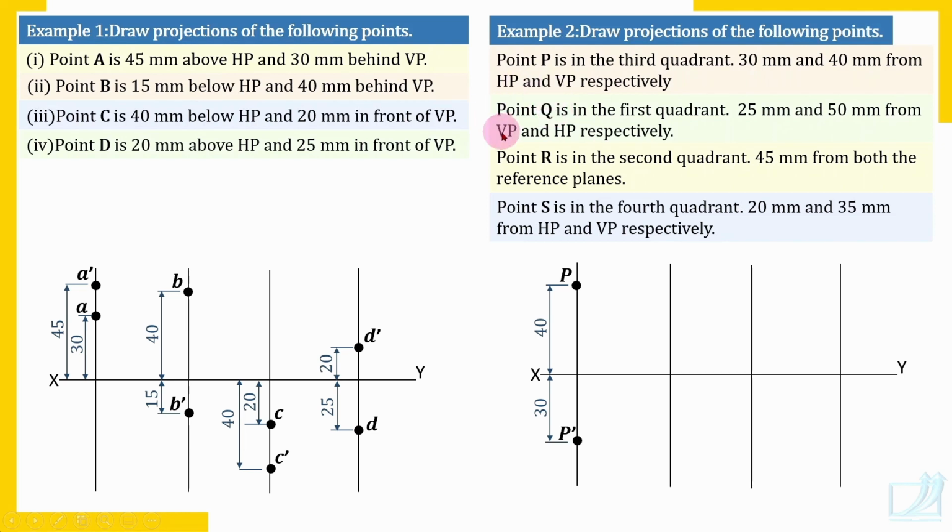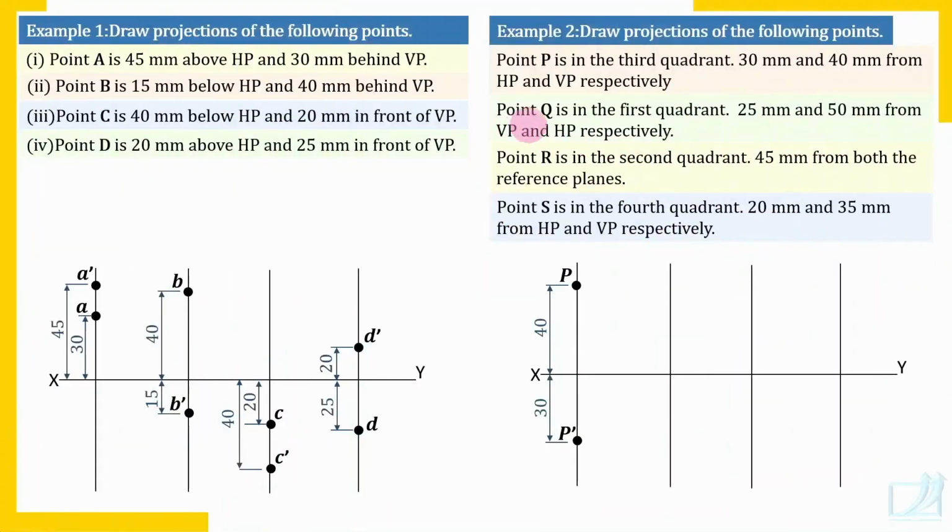Okay, watch here. Point Q is in first quadrant. So this is what I am telling you. Each and every statement suggests you something. So try to bring it on paper immediately. What does that mean? Listen. Point Q is in the first quadrant. What does it suggest? That front view is above XY line. So front view gives distance from HP.